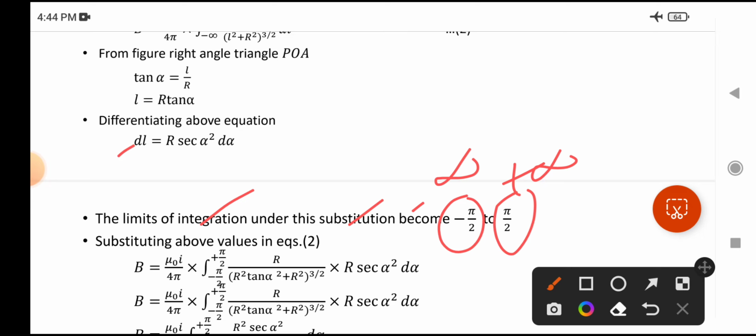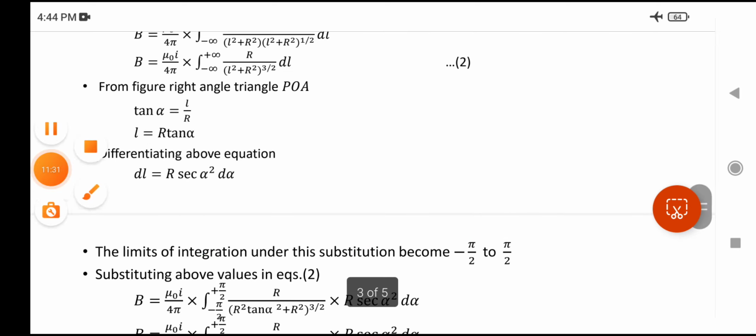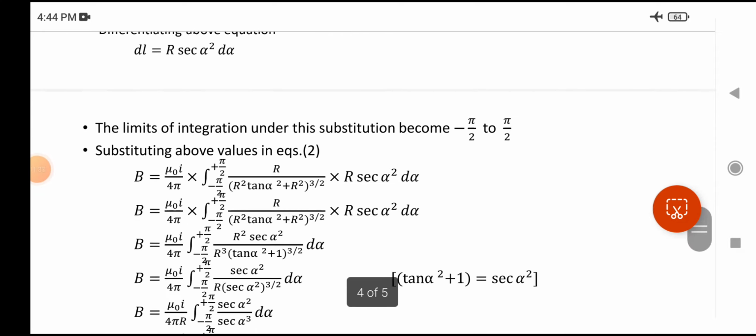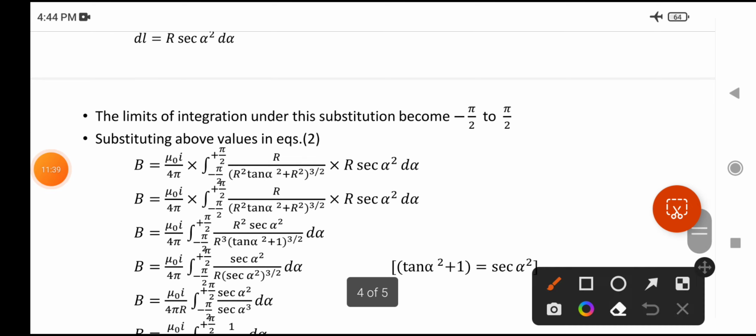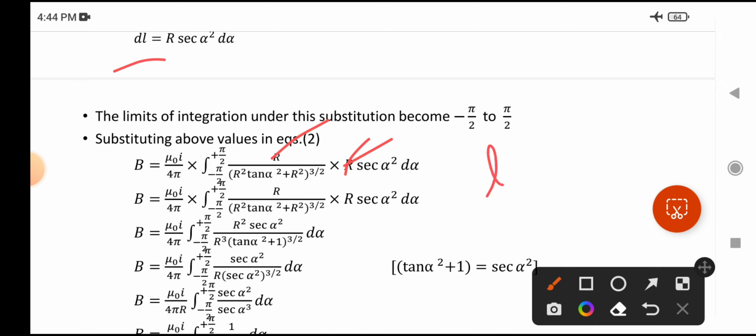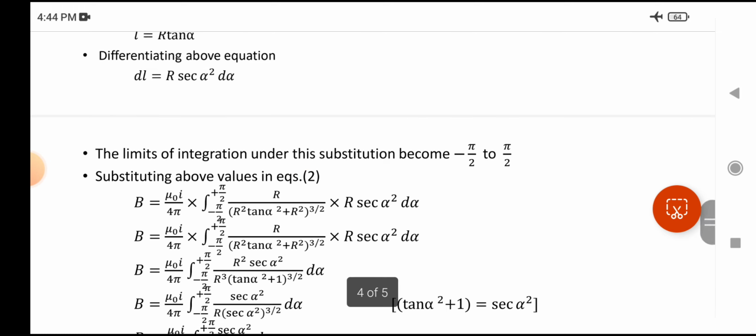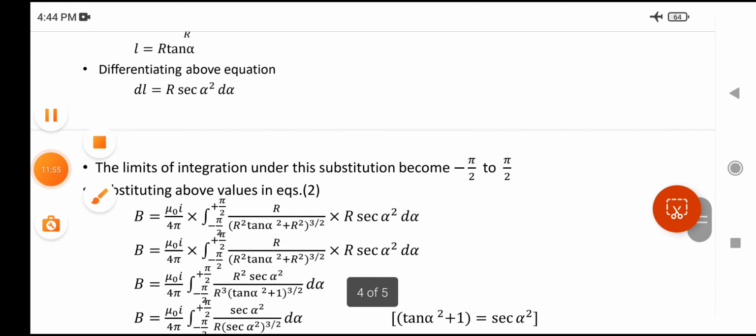And substitute the dl value in the above equation. In this equation, here the dl value is substituted. And now see r into r square. Before that, what is the L value? Just above it, see here. Check it.